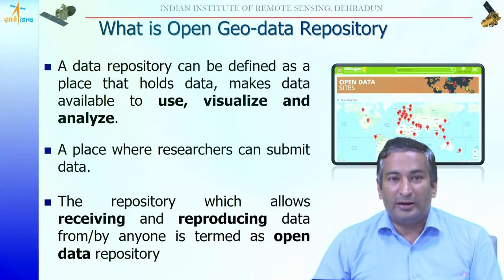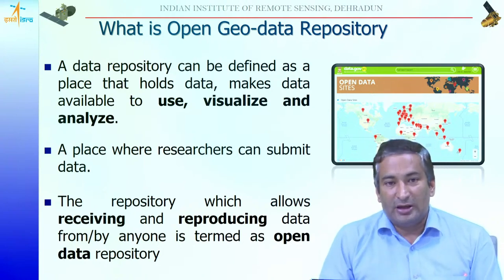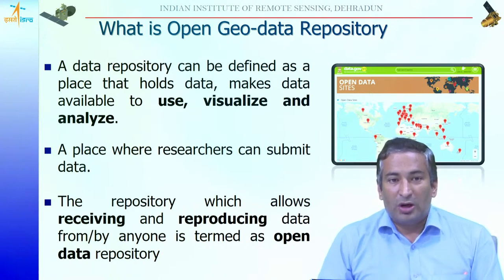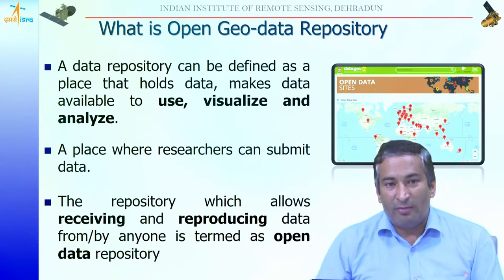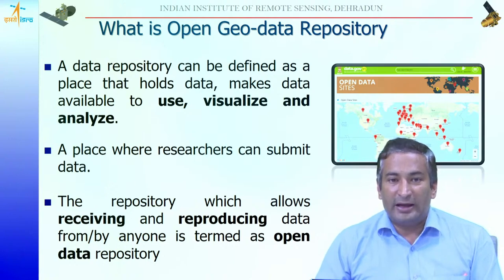It can be proprietary, which only gives access for data visualization and usage, but does not allow you to download the data or reproduce the data. So they are termed proprietary or some specific data repositories. Whereas the data repository which allows you to receive the data and to reproduce the data in any form by anyone is known as an open data repository.